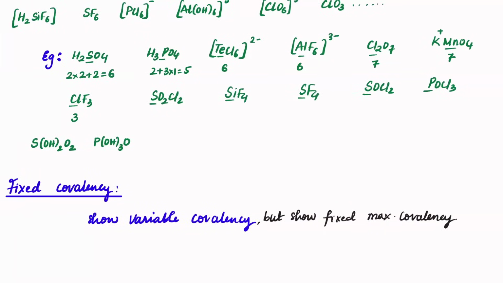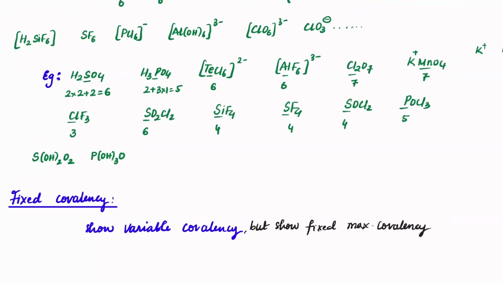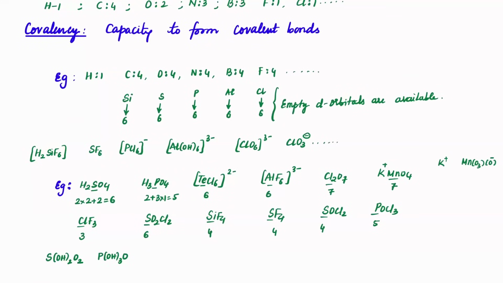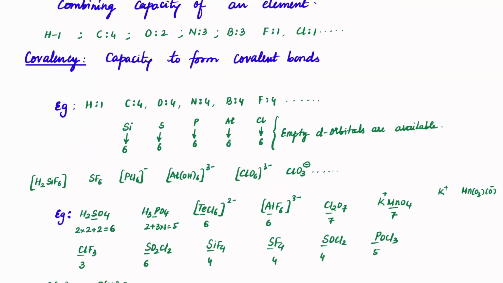So here I'm making it 3, 6, 4, 4, 4, 5, and so on. So given any molecule, you should be able to figure out the covalency of the central atom. Clear?